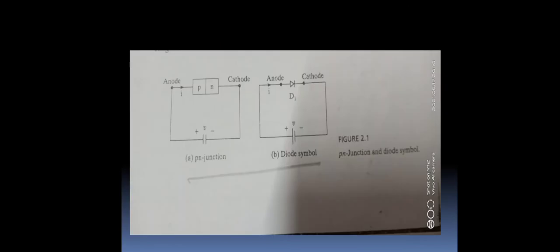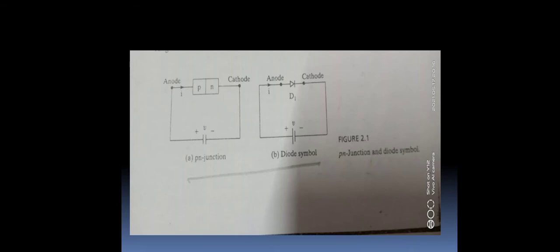There are two characteristics of diodes, forward characteristics and reverse characteristics. A simple PN junction diode has p-type and n-type semiconductor materials. The p-type material is referred to as the anode, and the n-type material is referred to as the cathode. The positive terminal of the battery, with symbol E or V, is connected to the p-type material and the negative terminal to the cathode.